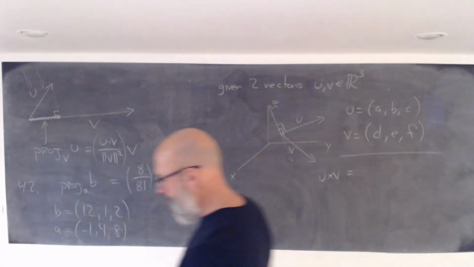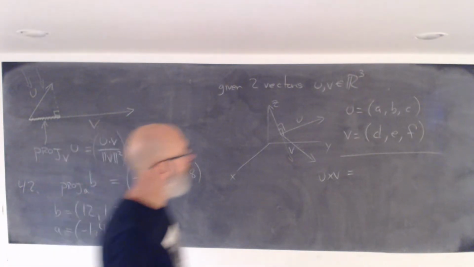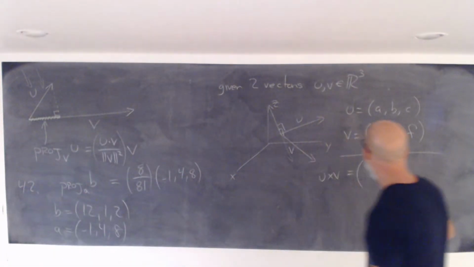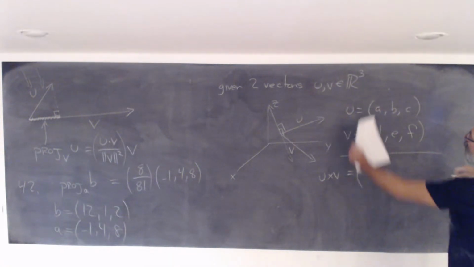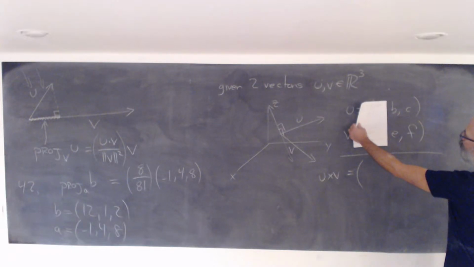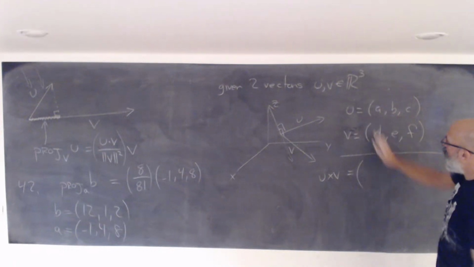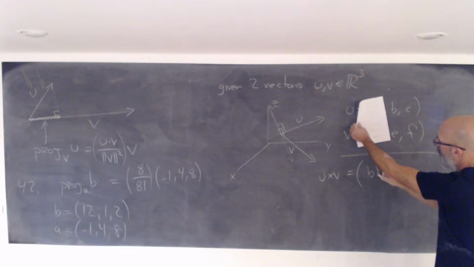And here I'm going to give you the shortcut for the cross product, which I'm sure you know anyways, right? So U cross V is just the determinant of the remaining 2 by 2 matrix if you remove the first column. So the first component, BF minus CE.